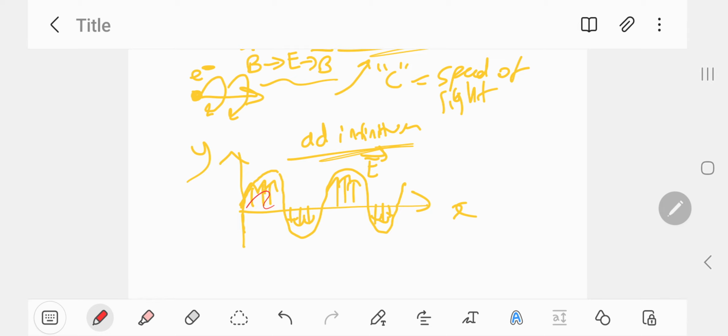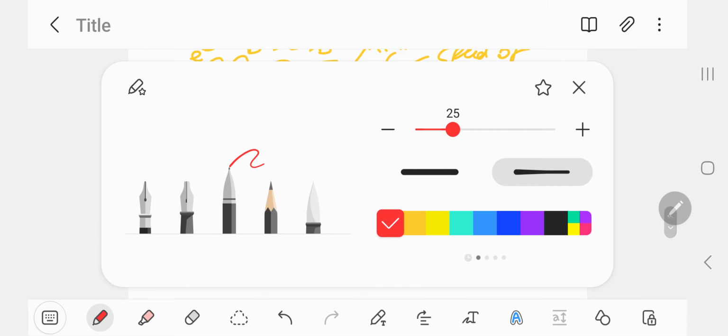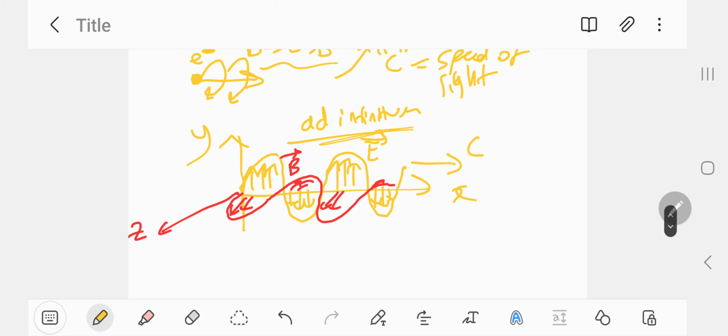Magnetic field is going back and forth, like so. I should say, sorry, there's another axis, the z-axis coming out of the page. That's right. Okay, B, magnetic field. Okay, this wave is moving at the speed of light, C.